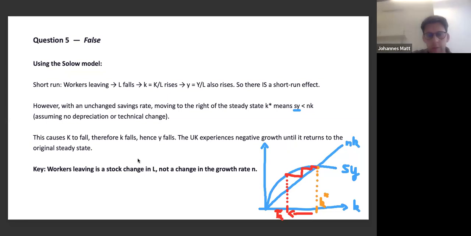So what would that formula be? In that case, instead of just n, you would have n plus g times k, defining the new point here that gives you that steady state capital stock.